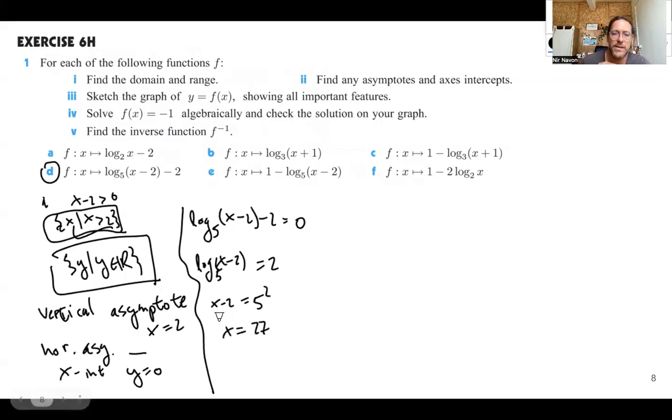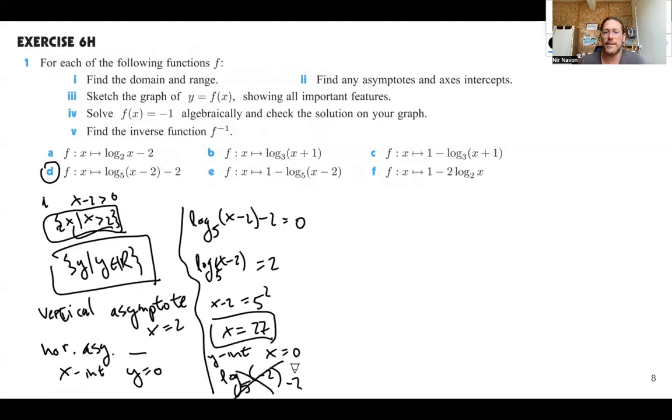That is the x-intercept. For the y-intercept, x is 0. So in this case, that would be log base 5 of minus 2. Since this is a negative and it cannot be negative, it's undefined. So there is no y-intercept.